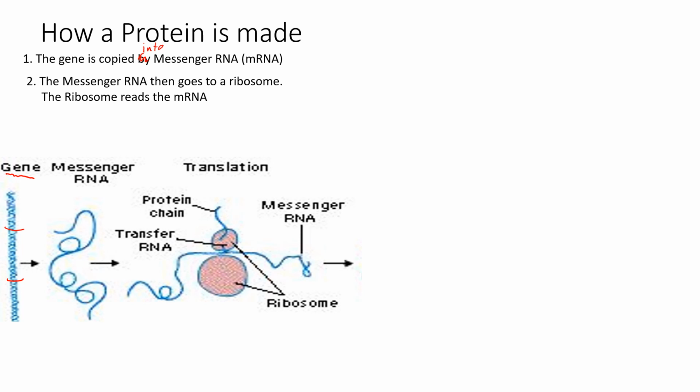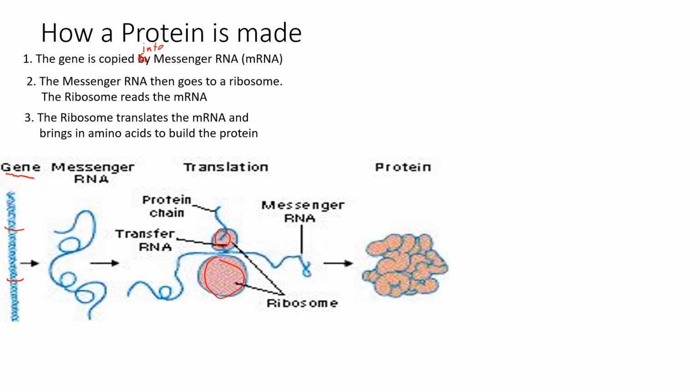That ribosome takes in the messenger RNA and reads it. When it reads it, it translates it and brings in amino acids. Amino acids are the building blocks of proteins. It combines hundreds and thousands of amino acids and turns them into a protein.